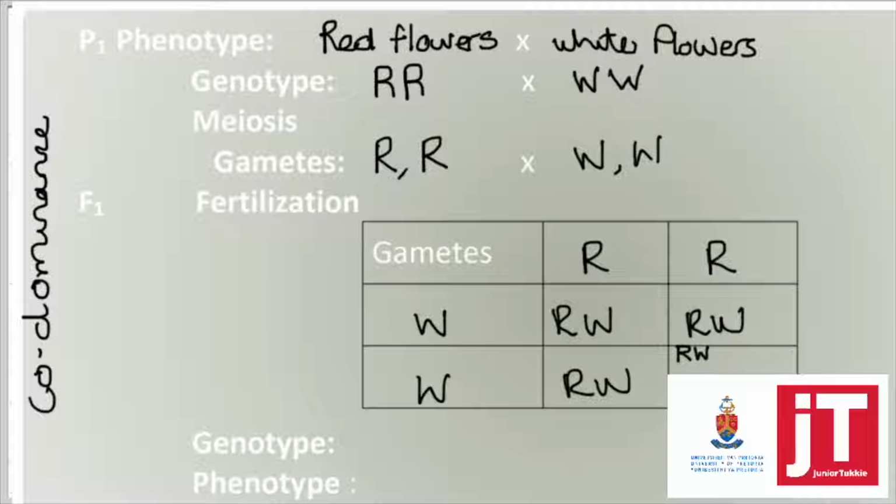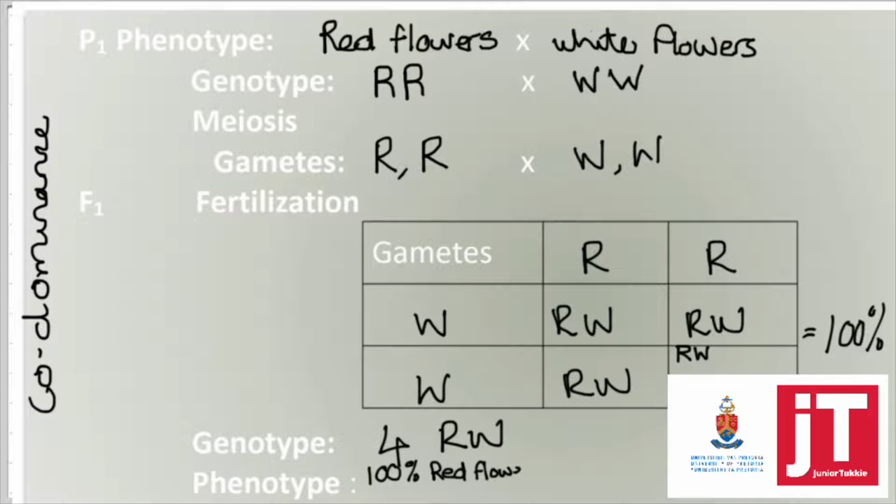Here we see that we have 100% combination RW, and what this means for our genotype and then our phenotype is that the expression in the phenotype is going to be 100% red flowers, which is one of the dominant alleles, but also we're going to see the expression of the white in the phenotype as well. So both red and white are expressed in the phenotype of the offspring.